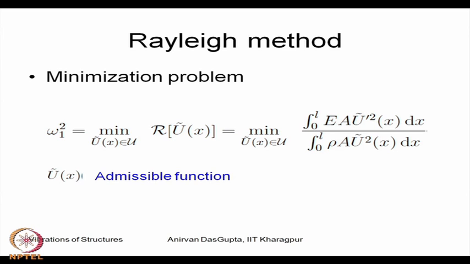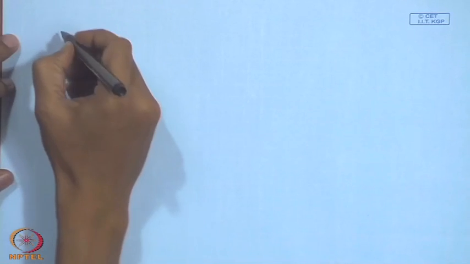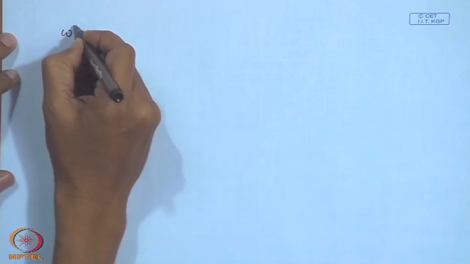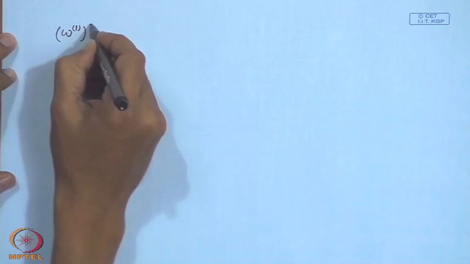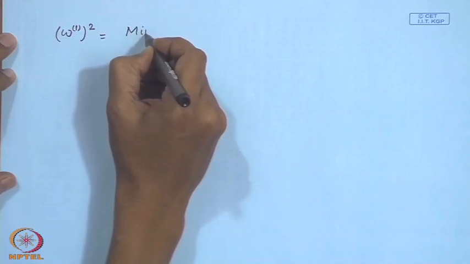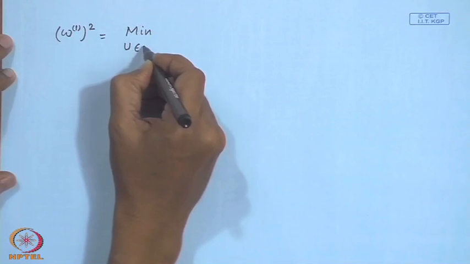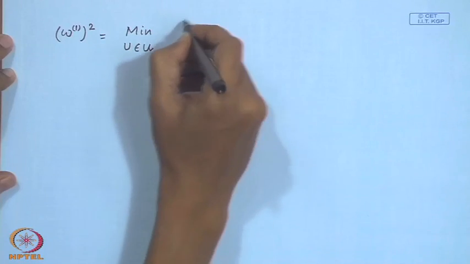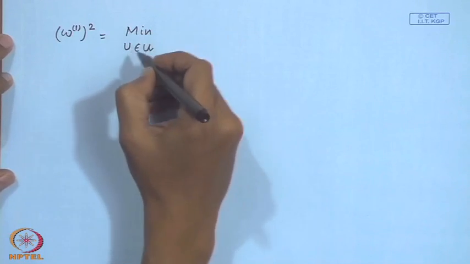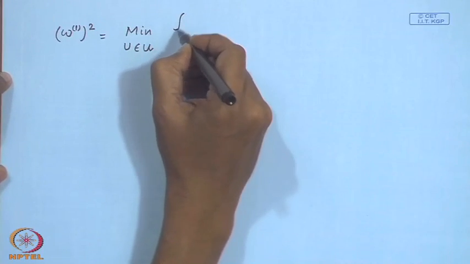So, let me write for this problem, the fundamental frequency squared is the minimization over the set of admissible functions of the Rayleigh quotient.